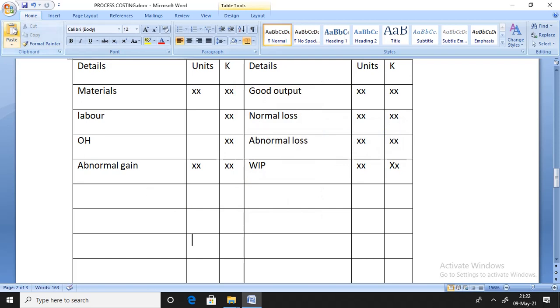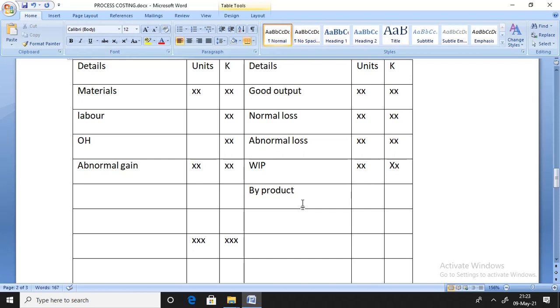So let me just create a bit of space there. The other thing that can happen on the credit side of your process account is if you have a byproduct. A byproduct is a product that is produced as a consequence of producing another product. Maybe you are producing a particular product and eventually you have byproducts coming out.